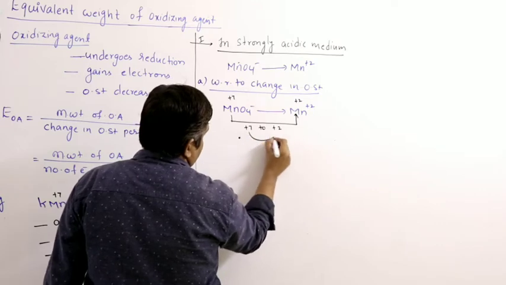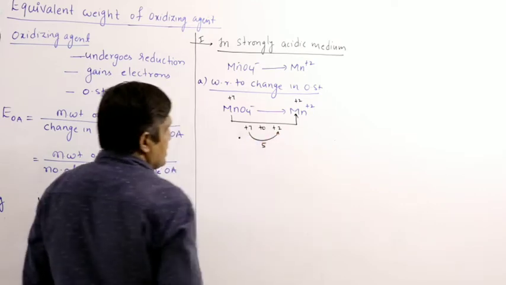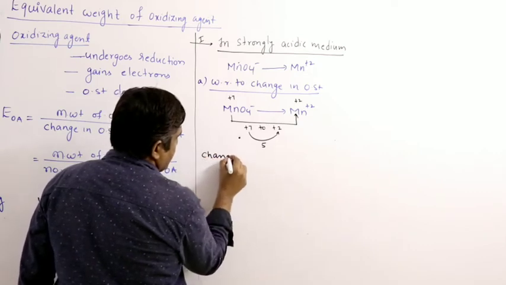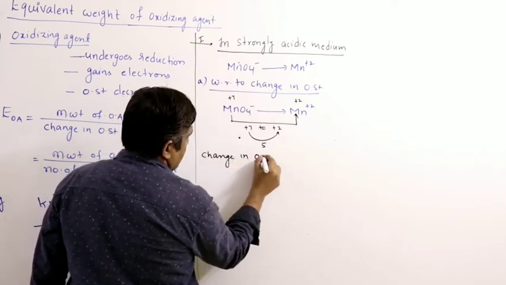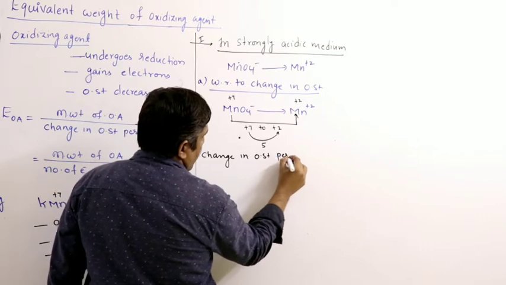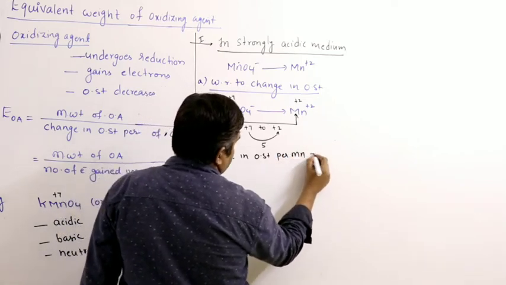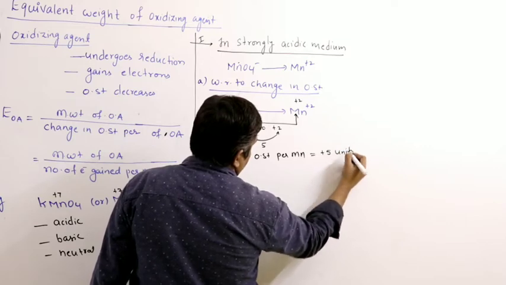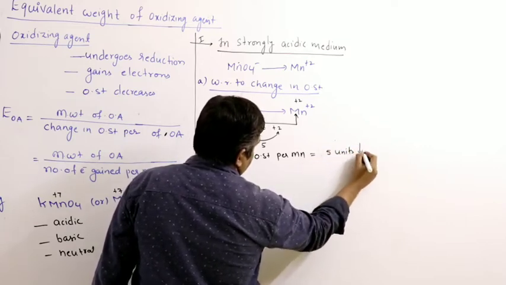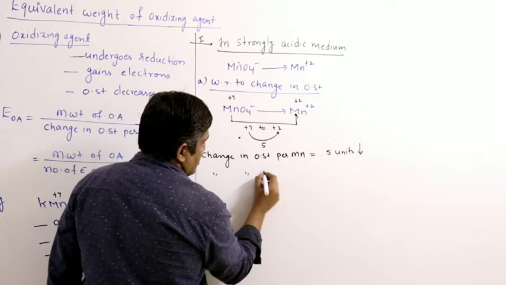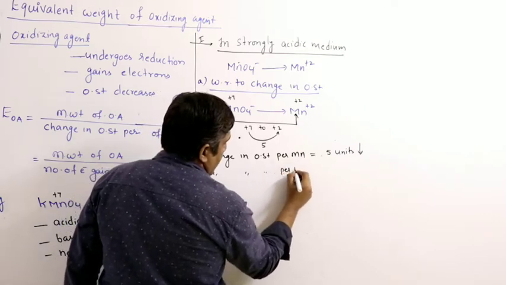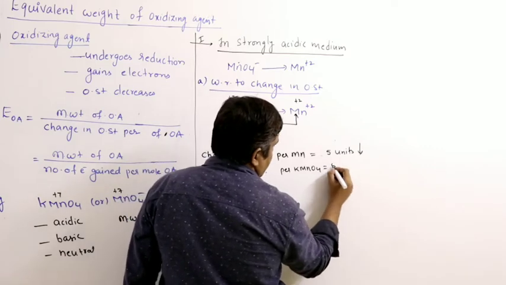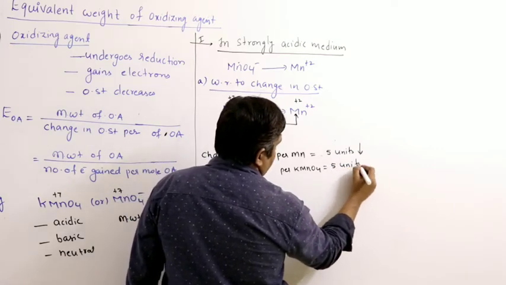That means what is the change? 5 units decrease. So the change in oxidation state per manganese is 5 units decrease. The change in oxidation state per KMnO4 or MnO4 minus is 5 units decrease.